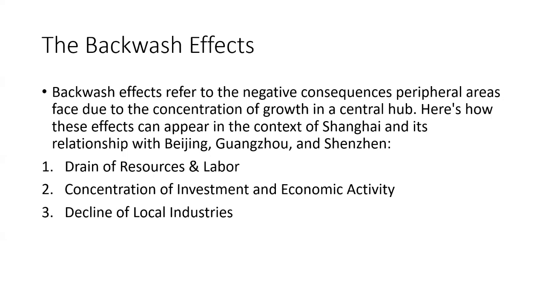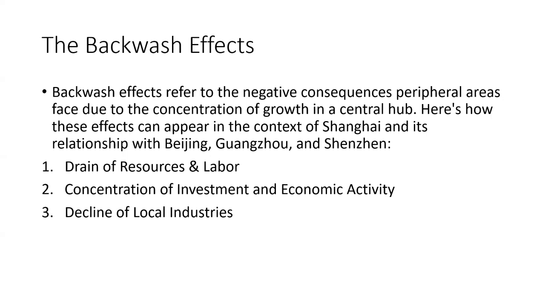Local industries in other cities might struggle to compete with the larger, more established companies in Shanghai, which could impede their growth and development. And the third is decline of local industries. So Shanghai's industries might outpace local businesses in other cities, causing their decline or closure.